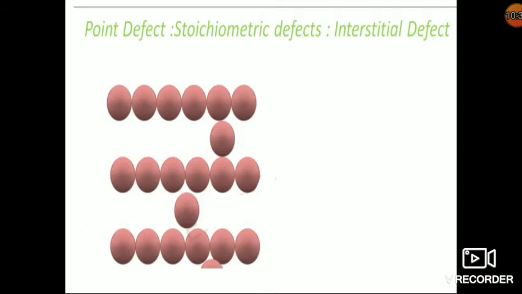Now in the solid we are getting some extra atoms, and hence we can expect an increase in density. Interstitial defect also occurs in non-ionic solids, and it results in an increase in density where some excess atoms occupy the interstitial site. So that's all about your four point defects under stoichiometric defect. Stoichiometric means the formula will remain the same.